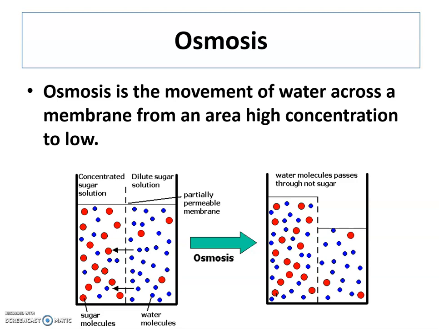Osmosis is the movement of water only through a membrane from high to low. In the diagram, the red dots are the sugar and the blue dots are the water. Because there's more water over here than over here, water will scoot over to this side and want to balance out. So you might have, for example, let's say 4 red dots for every blue dot.